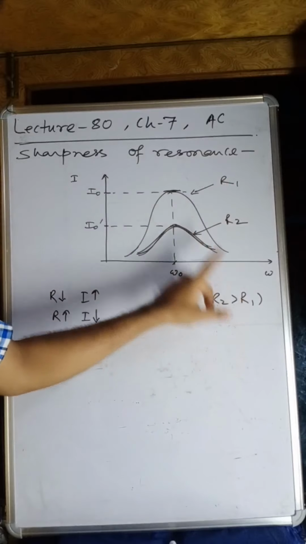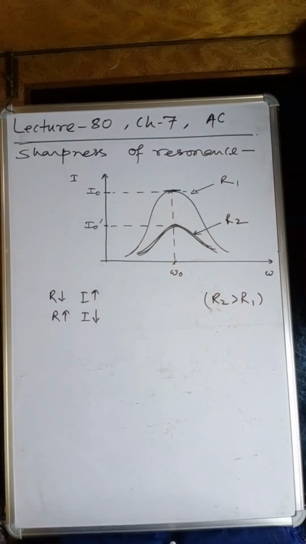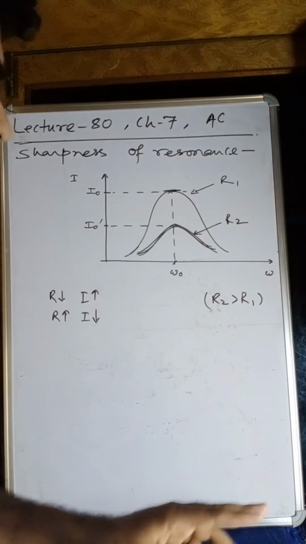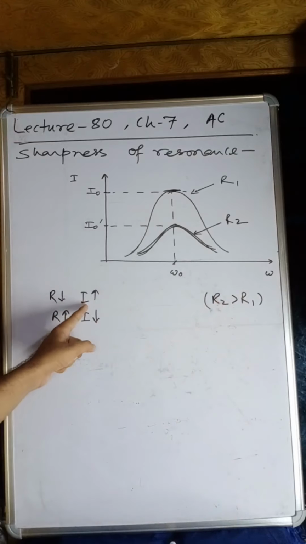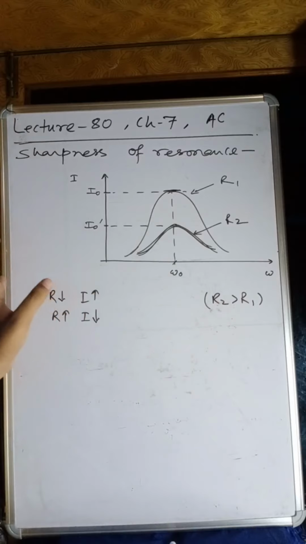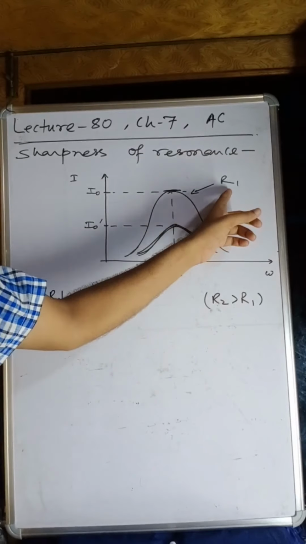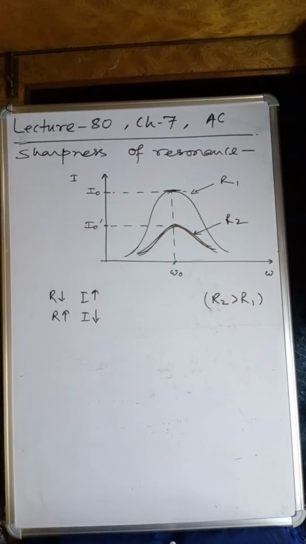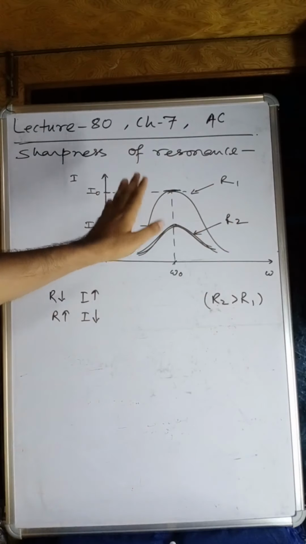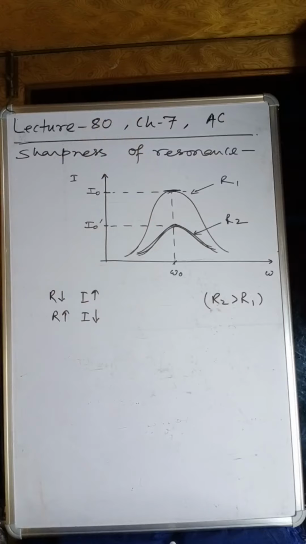Second thing, if resistance is less, then current will be maximum and power will be maximum. So for the less resistance, that is the sharper graph, power will be maximum, because the maximum current is flowing through the circuit. Okay, my dear students.